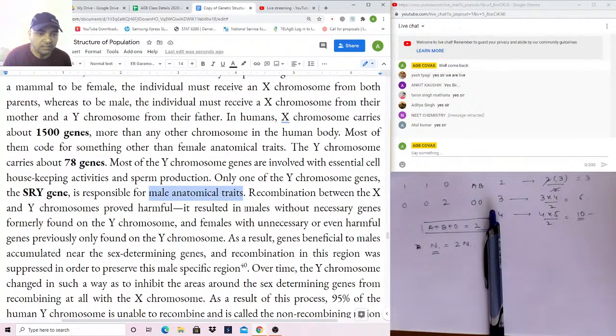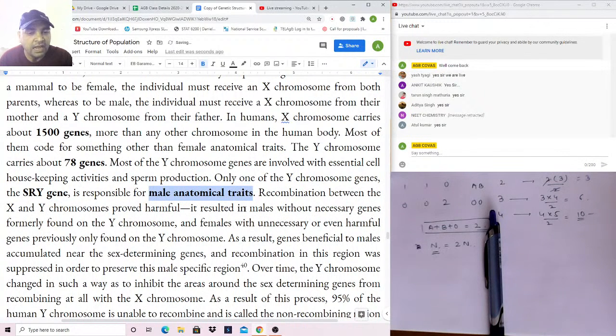This is the gene which defines your male anatomical traits. I am giving you this background for understanding how the structure of these genes is made, and I am relating it to humans so it will be more pertinent, and you will understand allosomes in particular.